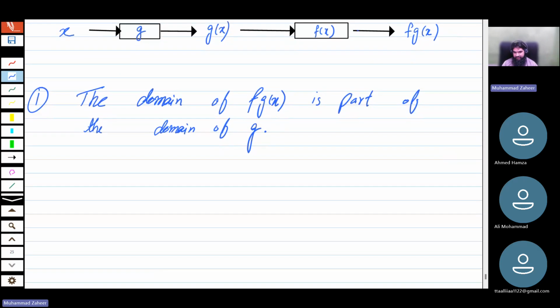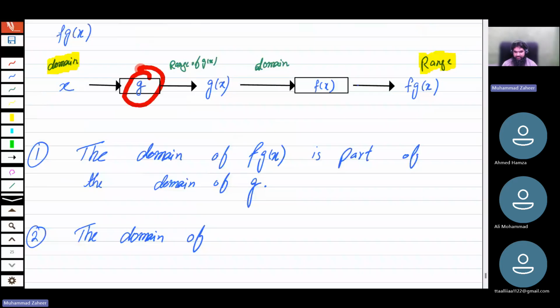The second point is the domain of the first function. The first function we have to take is g.